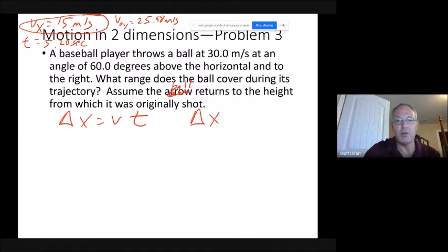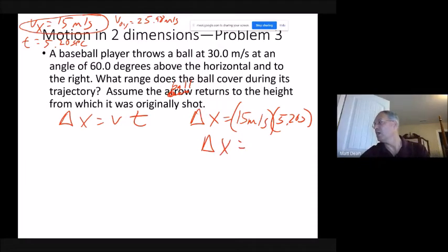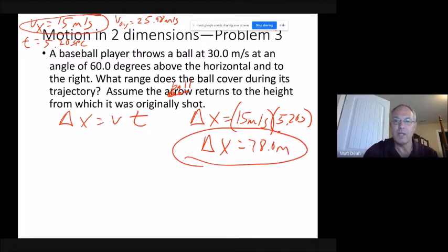So we're going to say that our range, our delta x, is going to be equal to our horizontal component of our velocity times our total time in the air, 5.20 seconds. And all we need to do is multiply that out. And when we do, it looks like that comes out to be about 78.0 meters. And we should say positive 78. It's to the right. 78 meters to the right.